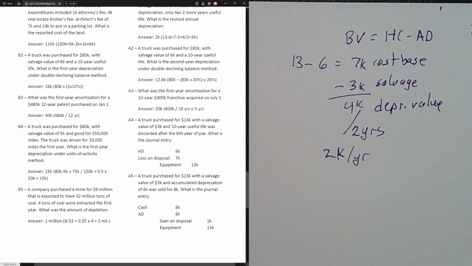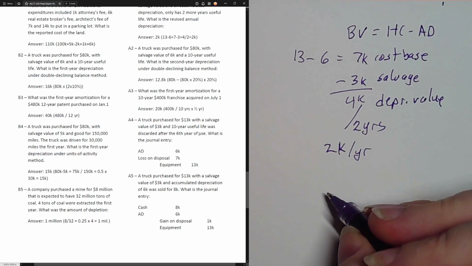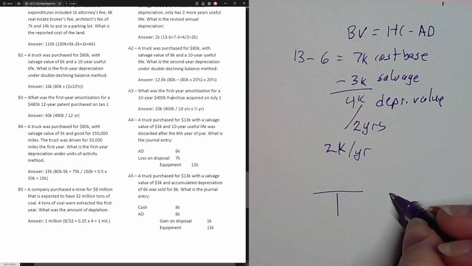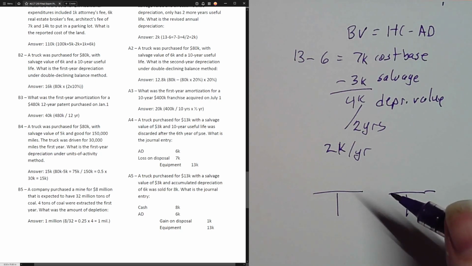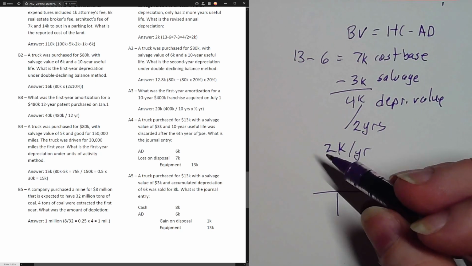A4, a truck purchase, so A4 and A5 are similar. A truck purchase for $13K with salvage value of $3K and a 10-year useful life was discarded after the 6th year of use. So remember, whenever we're talking about disposal, we don't just dispose what we think the book value is, because the book value is not an actual account.